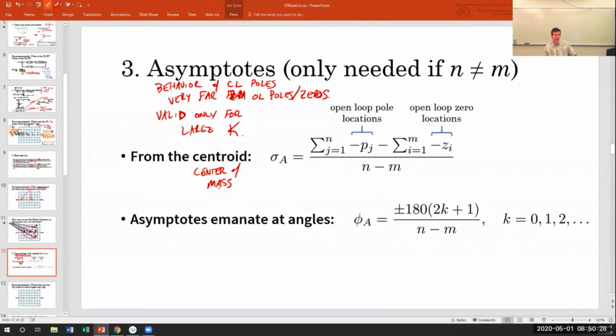So if we're going to try and accurately describe the average vectors pointing from your house and your neighbor's house to the White House, we need to agree on the average location of your house and your neighbor's house. And so that would be the center of mass, or the centroid of those two houses. So the way to calculate the centroid is, I like to think of the open loop pole locations as having positive mass. And I like to think of the open loop zero locations, because of this negative, as having negative mass.